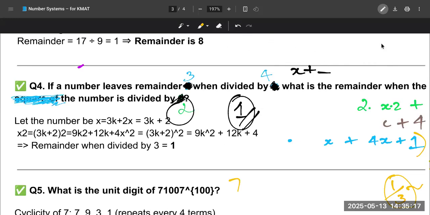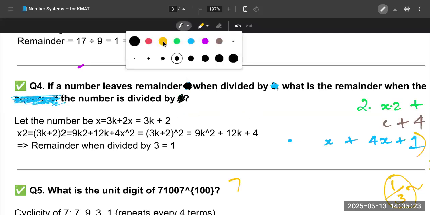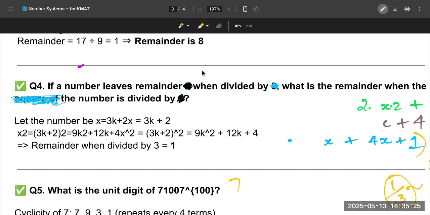Can you do one more question because you didn't understand this? A number leaves remainder 7 when divided by 9.